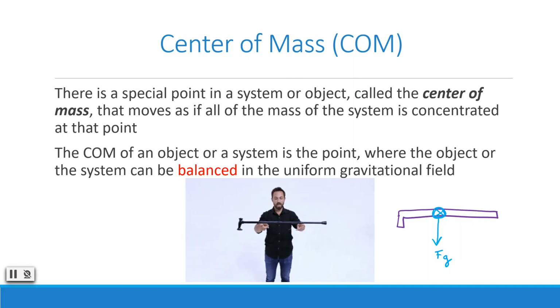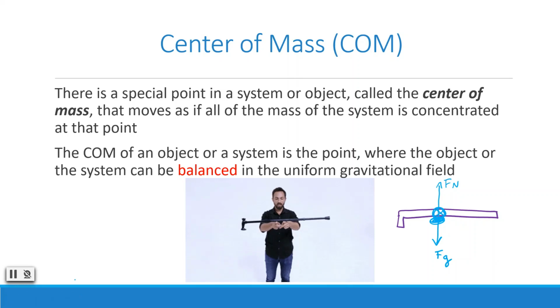So if I were to put my hand here underneath, like he's doing in this video, then my hand would create a normal force that is upwards, and the normal force and the gravitational force would cancel each other out.